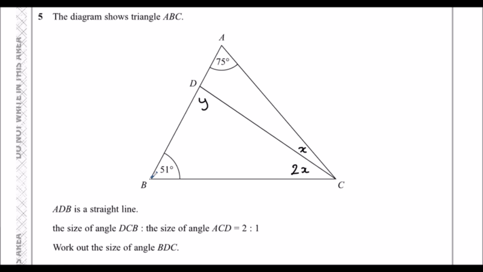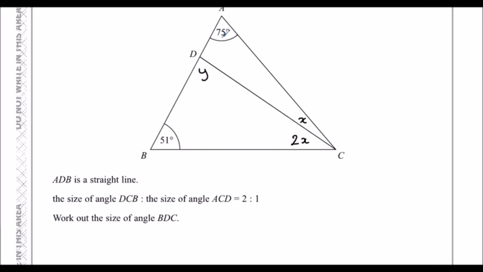Angles in a triangle add up to 180 degrees. So we've got 75, 51, and 3x. So 75 plus 51 plus 3x equals 180. The angles in the triangle add up to 180 degrees.